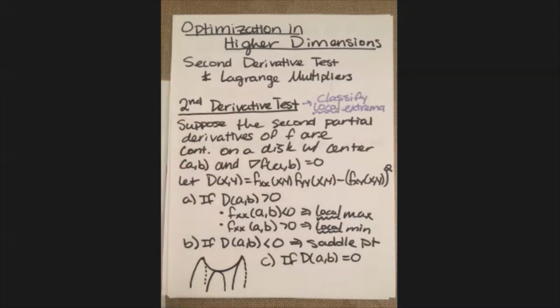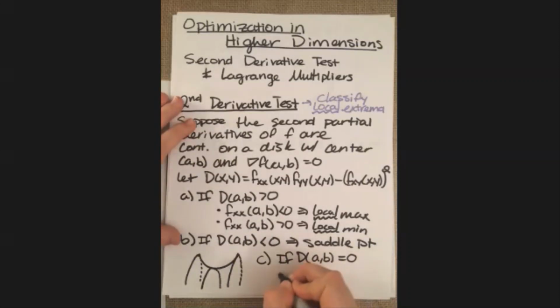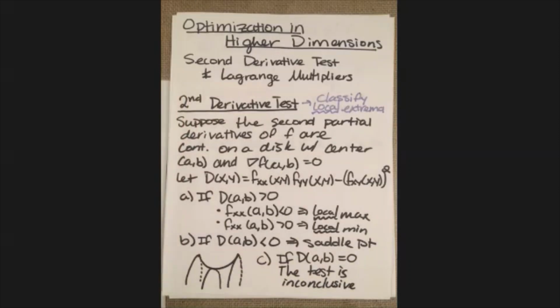Well, if it's equal to 0, it doesn't help us any. It's not conclusive, and you have to try to look for some other methods to be able to classify your points. So if it's equal to 0, the test is inconclusive. And that's really pretty much all you can do with that. So yeah, sorry I didn't mention that earlier, but that is a third case to keep in mind.